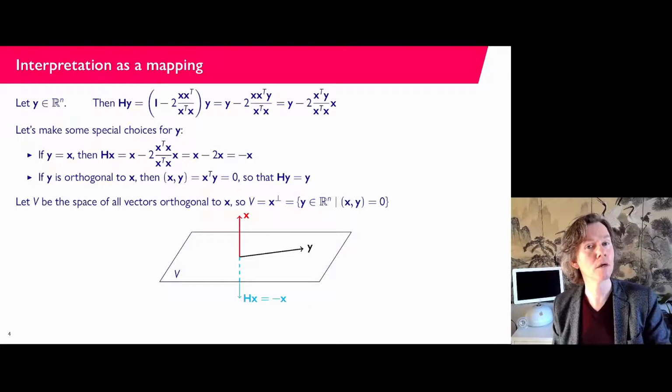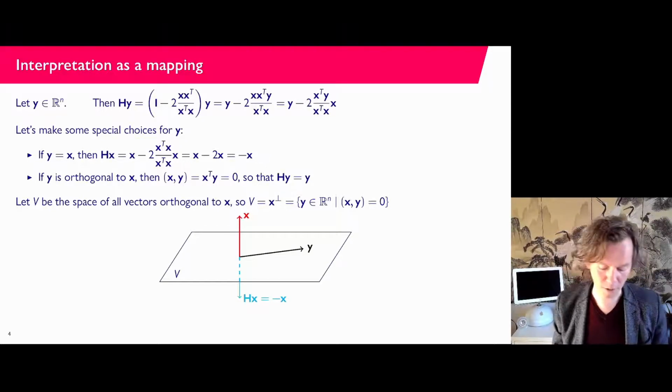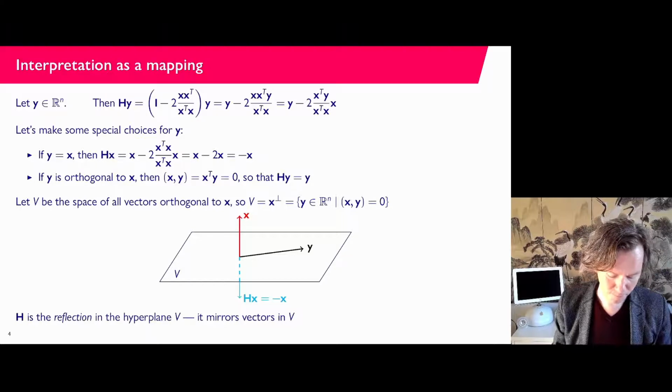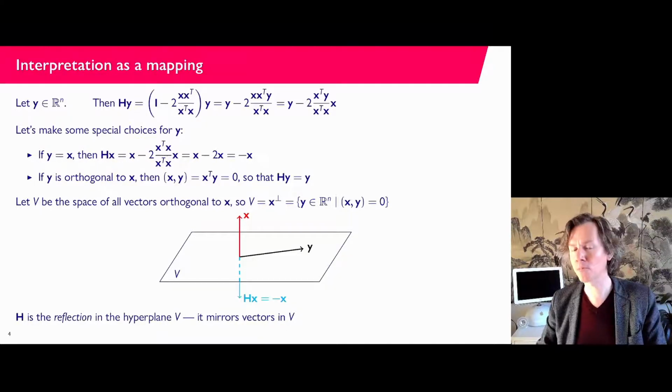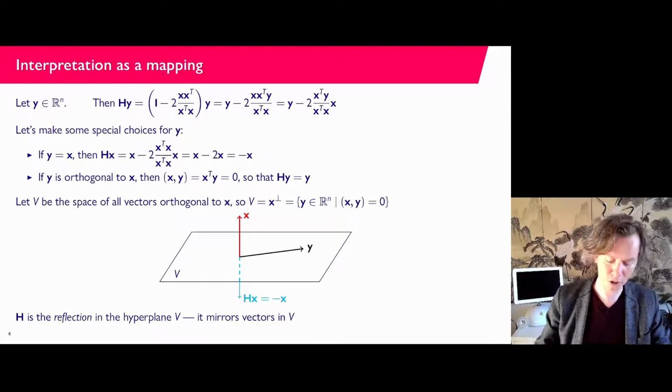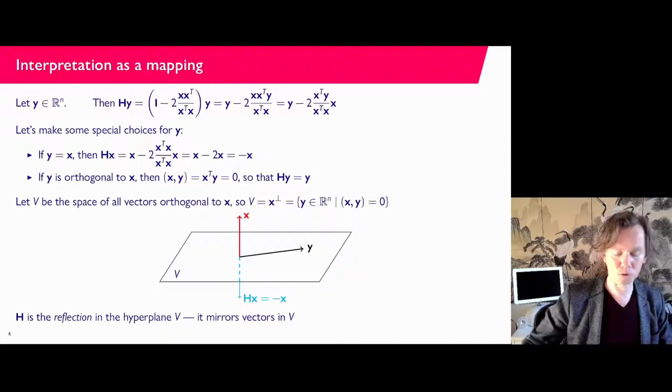So apparently the mapping interpretation, or geometrical interpretation if you like, is that H is a reflection in this plane. It just mirrors in the plane V. So H is a reflection in the hyperplane. In general, it's a hyperplane. In 3D, it would be a normal plane, but it mirrors vectors in V.